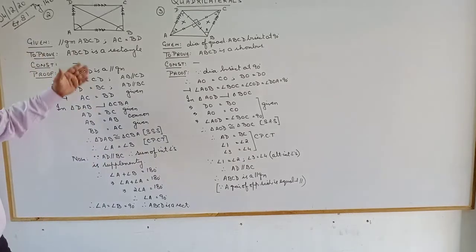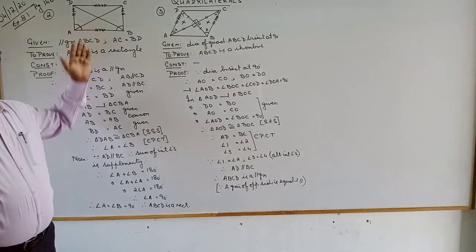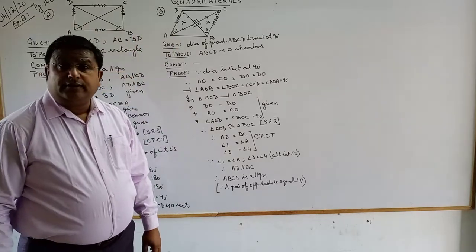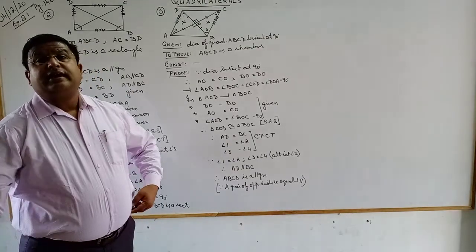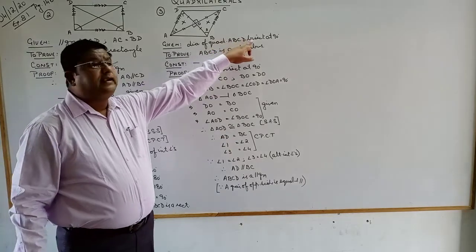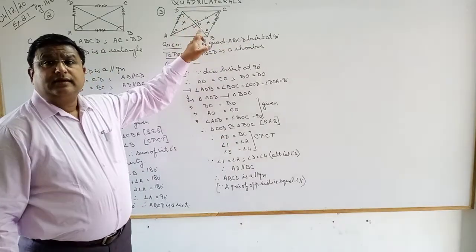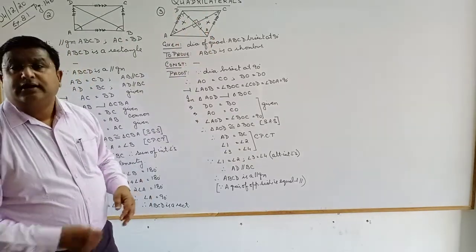So what did we prove over here also? We proved that the parallelogram is a rectangle. Diagonals are equal. What is a rhombus? Adjacent sides are equal. Yes. And the property of a rhombus says that the diagonals of a rhombus bisect at 90. So are the diagonals bisecting at 90? If in a parallelogram the diagonals bisect at 90, then it is a rhombus.